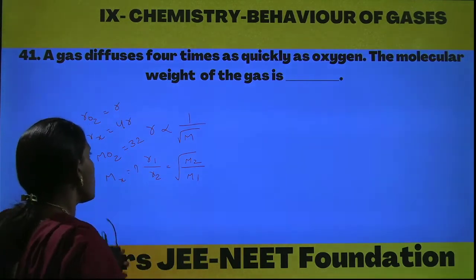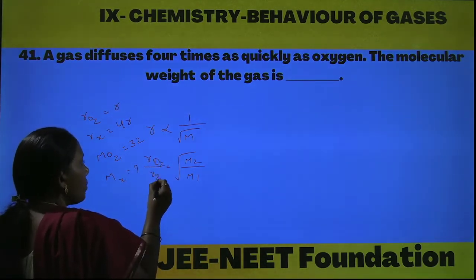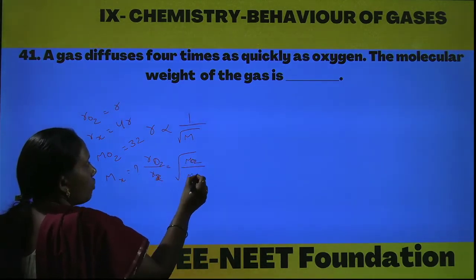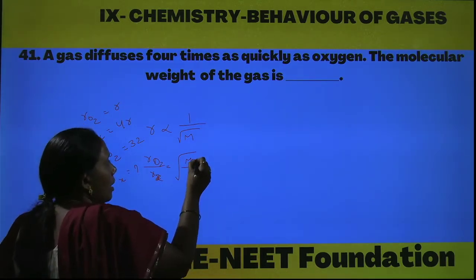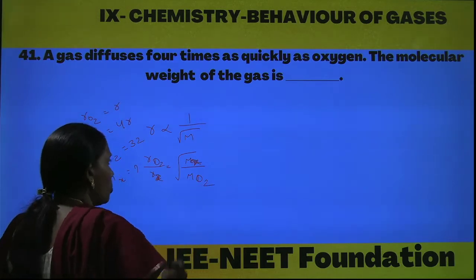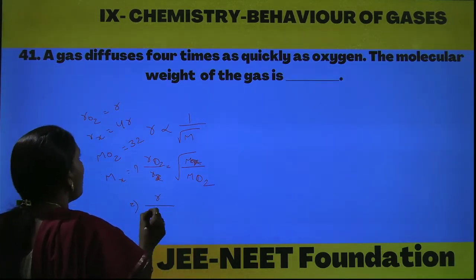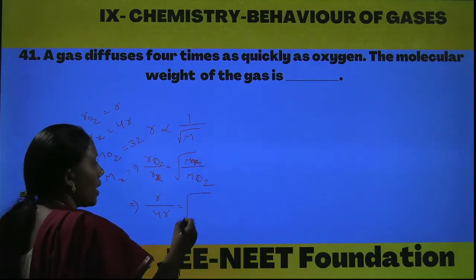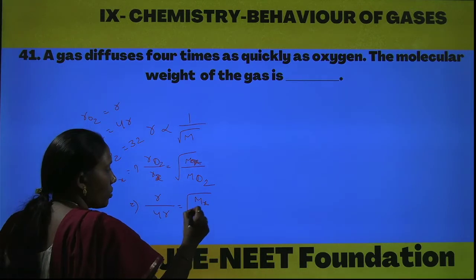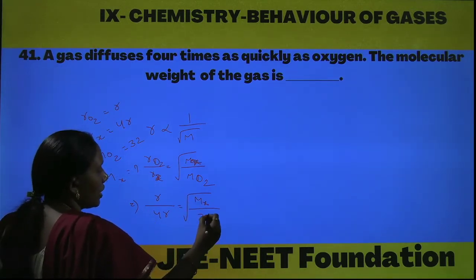I will rewrite this formula for understanding: R of O2 by R of X equal to root of M of X by M of O2. R by 4R is equal to root of Mx, which we don't know, by M of O2, and the molecular weight of oxygen is 32.